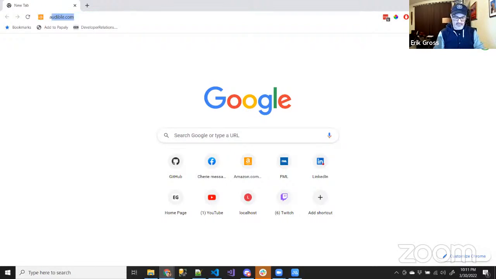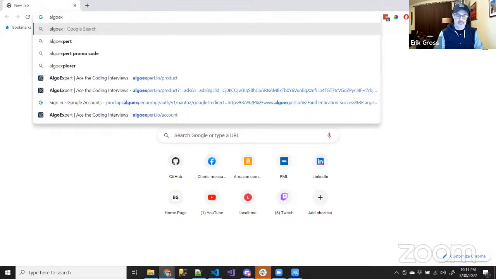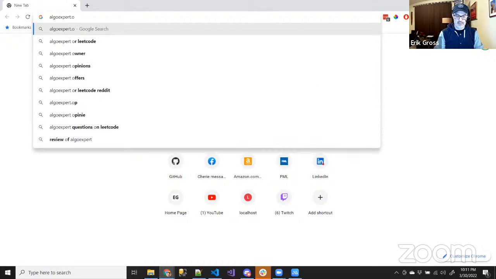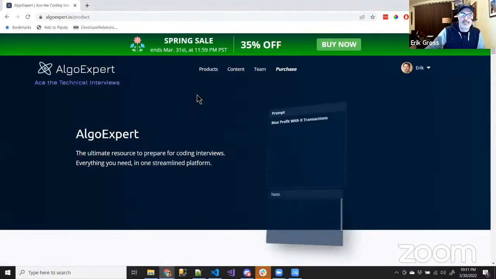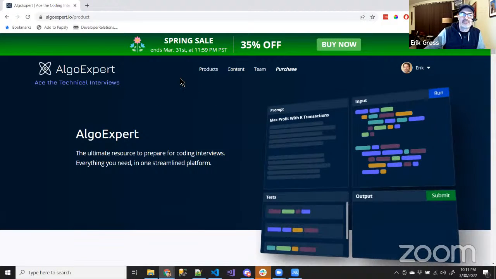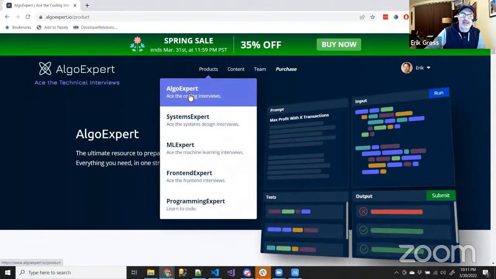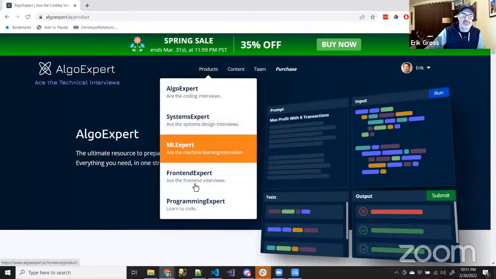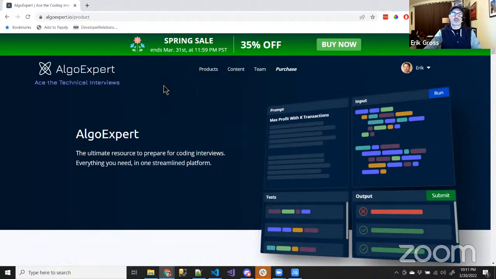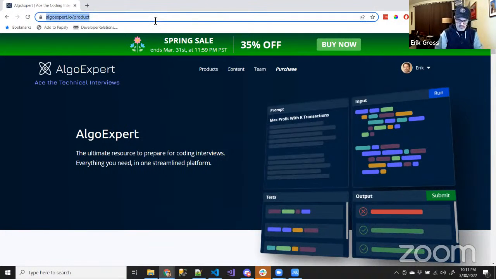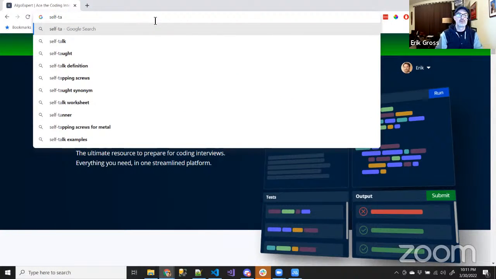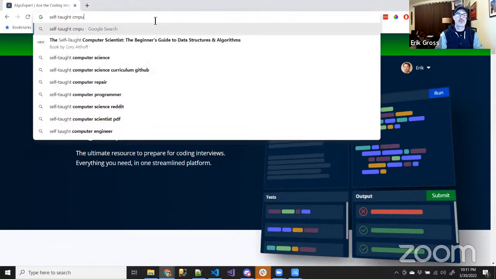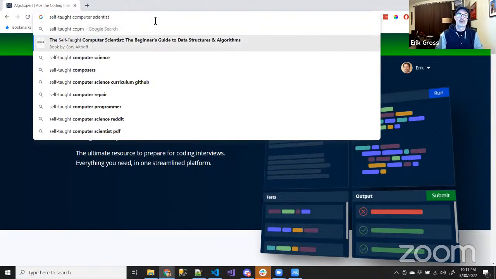First things first, I'm going to pull up algoexpert.io. Highly recommend these. What I have is Algo Expert. They also have Systems Expert, Machine Learning, Front End. Algo Expert's awesome. But this is called The Self-Taught Computer Scientist by Cory Althoff.